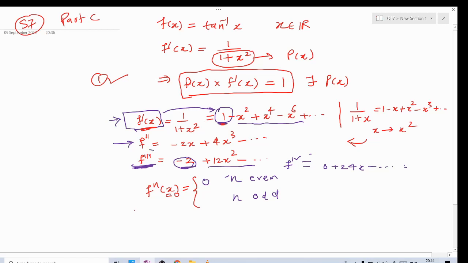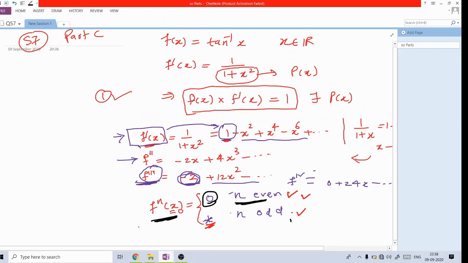Similarly for the third derivative, I am going to get a non-zero term. So what can we say from this general derivative? They are saying in the second option, the nth derivative at 0 is 0 for all even integers, which is true. For even we are getting 0.